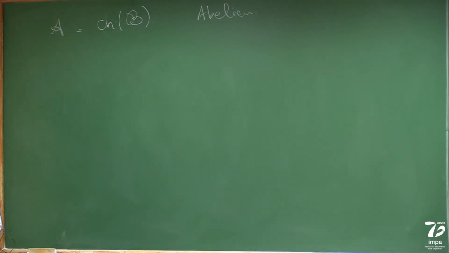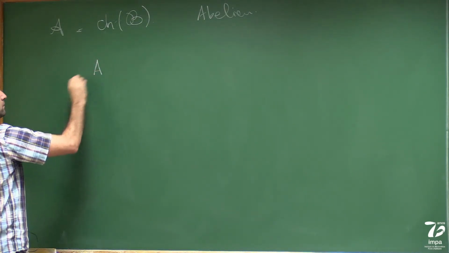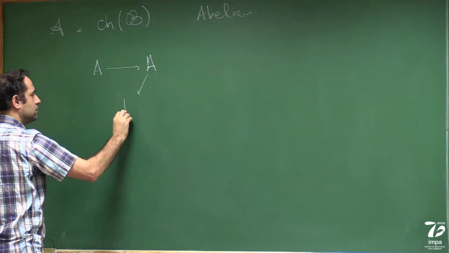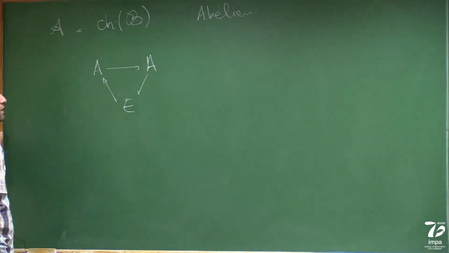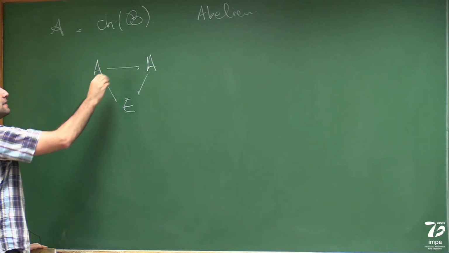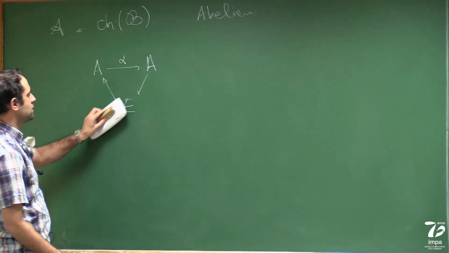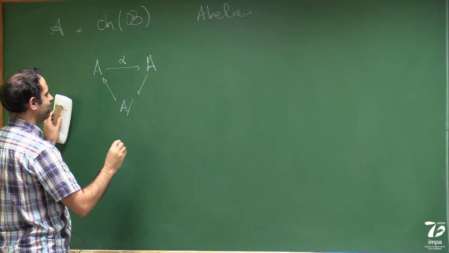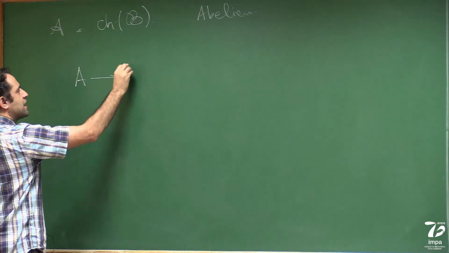But the point is that if we have an exact sequence, I'll do it like this, but I'll change that notation in a second. Suppose that this is exact, and let's suppose that this is injective. Suppose that I have an injective map.